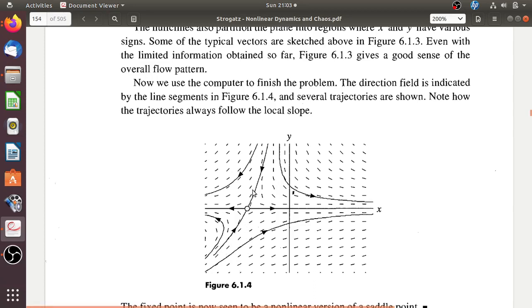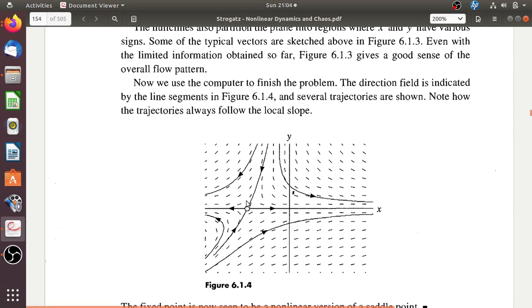This is the line known as the stable manifold, and this is the line known as the unstable manifold. And this line, which is the border, divides the whole plane into two domains, where if the initial condition falls in this region, then it will end up over here, and if it's in this region, it will end up over here.